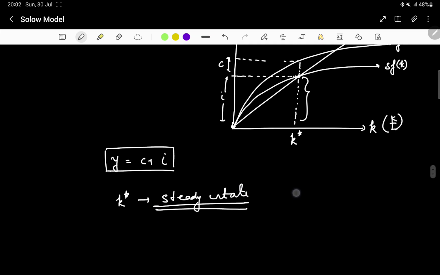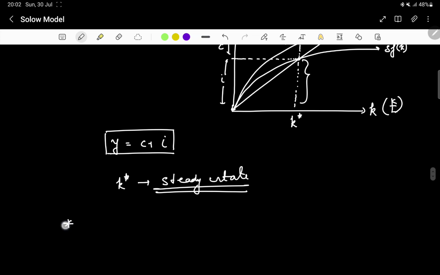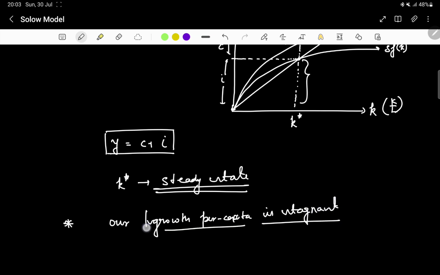At a steady state, the thing that we need to remember is that growth per capita is stagnant. Okay, growth per capita is stagnant at a steady state.